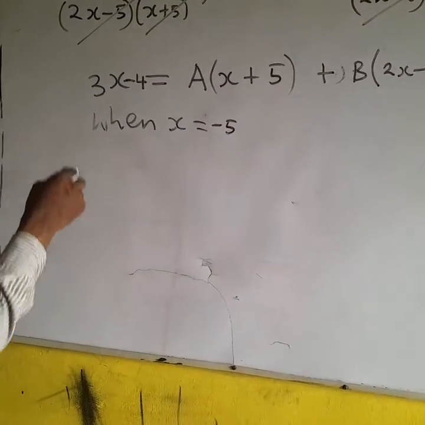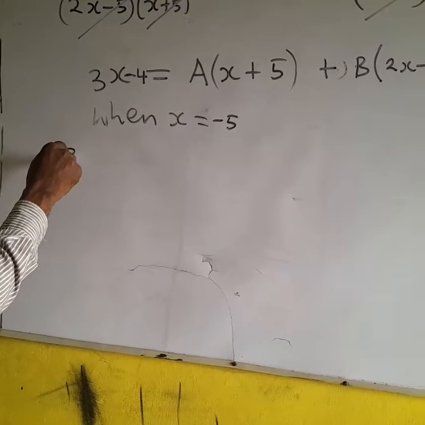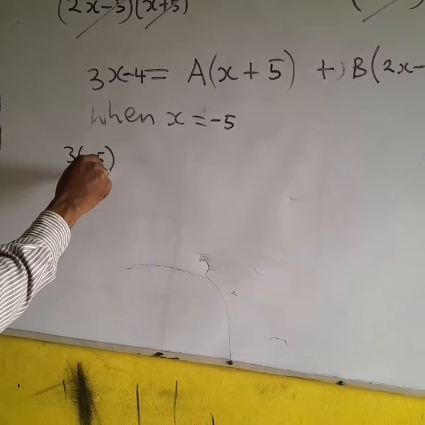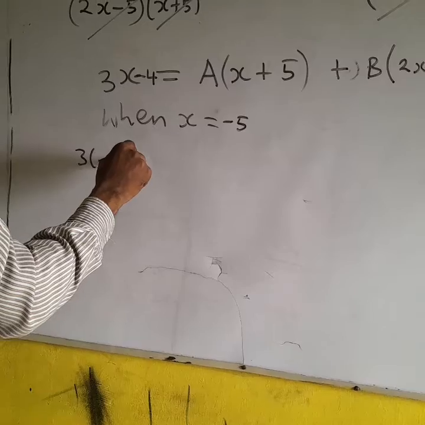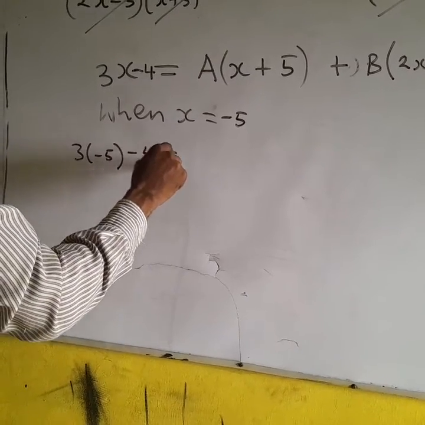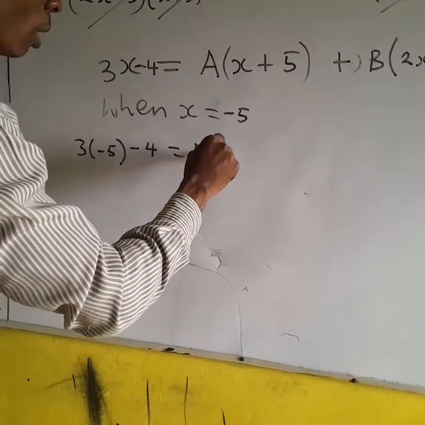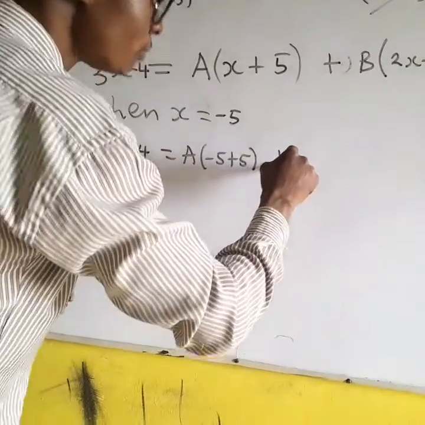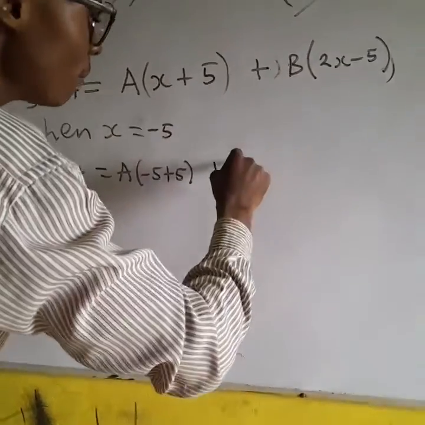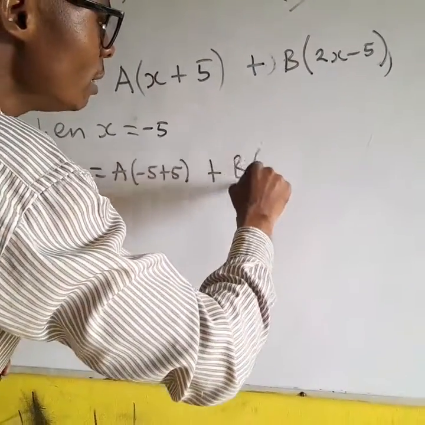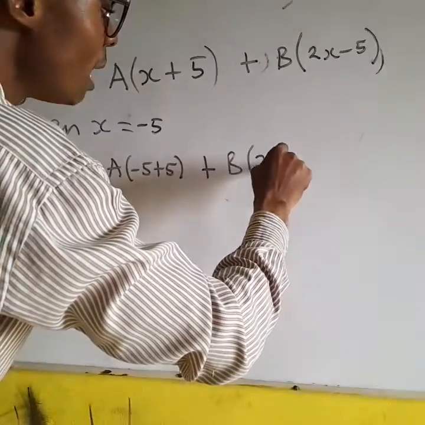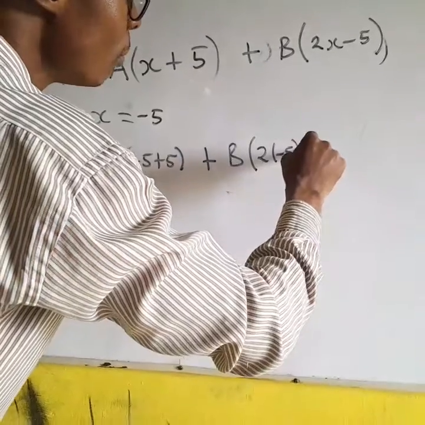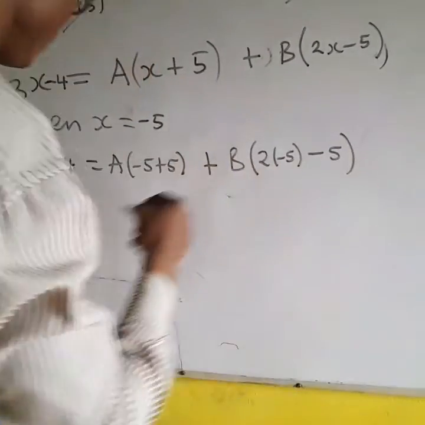So let's put it and see what we have. 3 into minus 5 minus 4 equal to A into minus 5 plus 5, plus B into 2 into minus 5 minus 5.